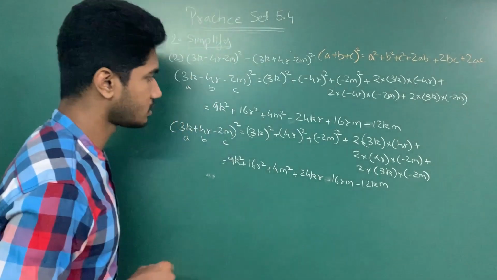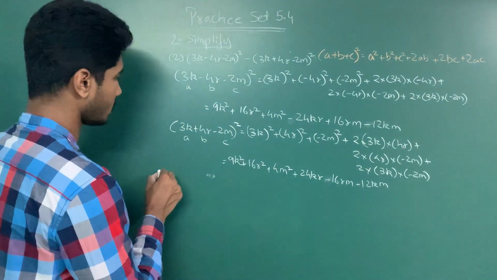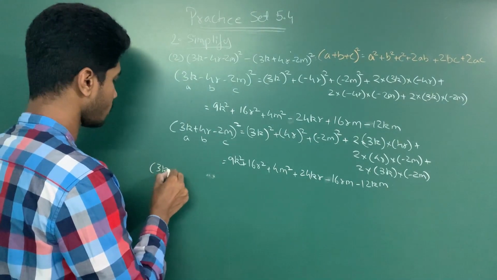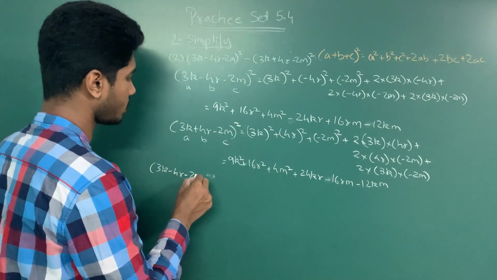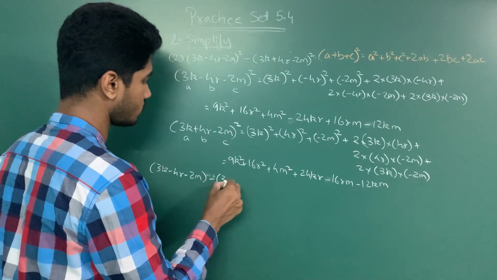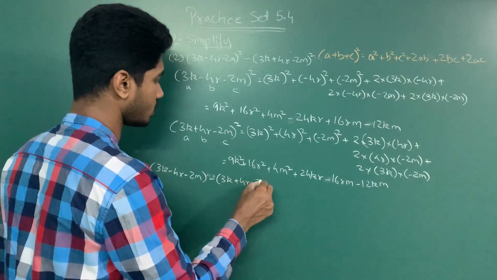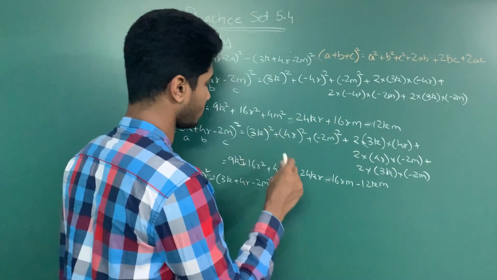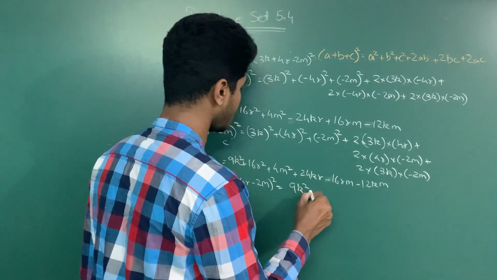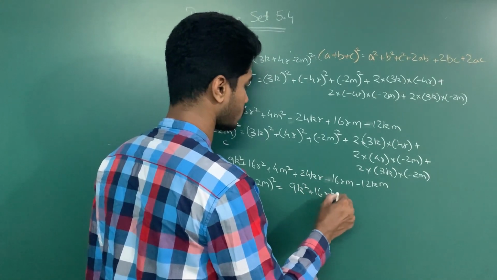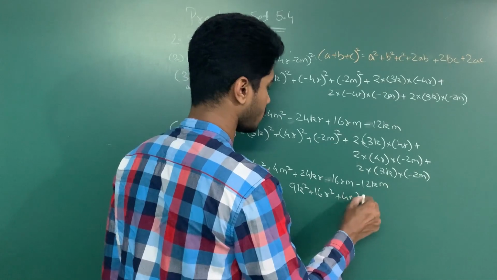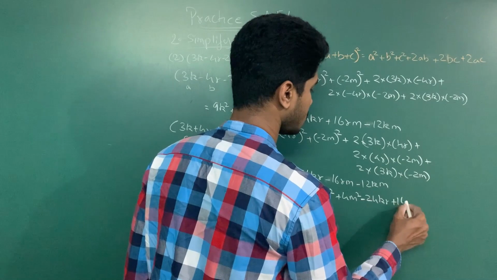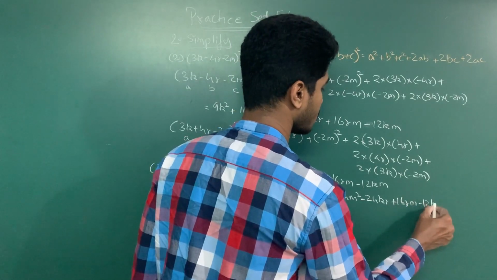So you got the result of both the brackets, so we can write it together with a minus sign. So 3k minus 4r minus 2m minus of 3k plus 4r minus 2m, the square in both the bracket, equal to, I'll write the first result, 9k square plus 16r square plus 4m square minus 24kr plus 16rm minus 12km.